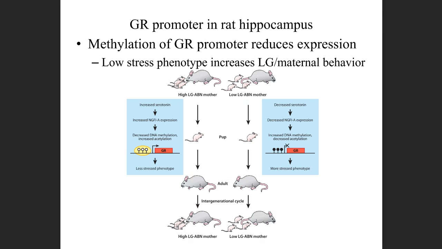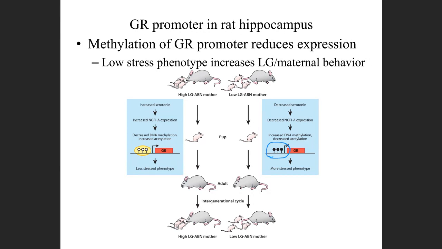So one of the nice things is that you can study this with, well, we'll see in the next slide, fostered pups versus their own pups. We don't even need to get to that. So in low licking and grooming moms, the promoter of the glucocorticoid receptor is heavily methylated.